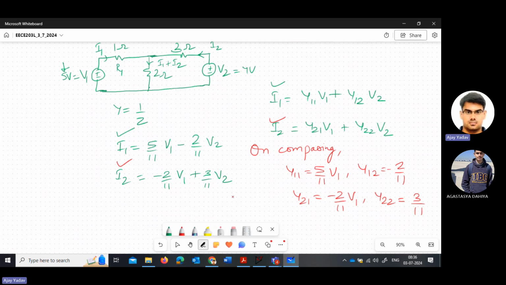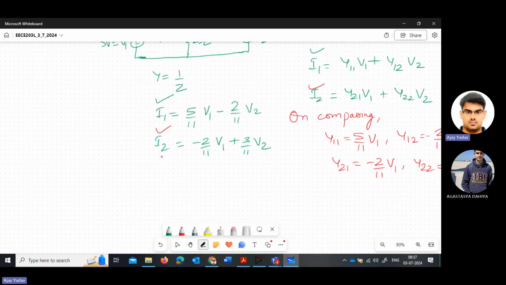Or another way of analyzing this is that if you want to calculate Y11 and Y21, then you have to short circuit the output. It means that output V2 should be equal to 0.